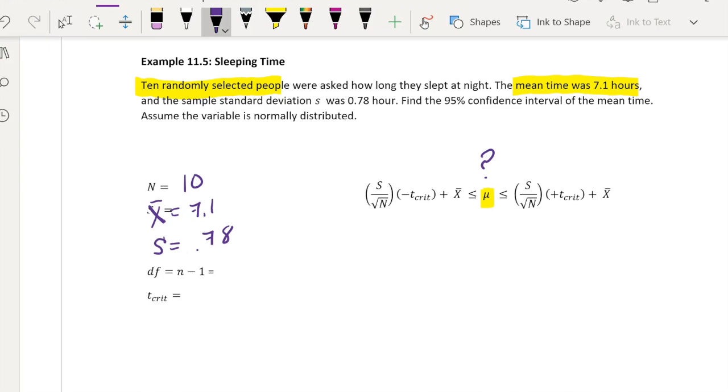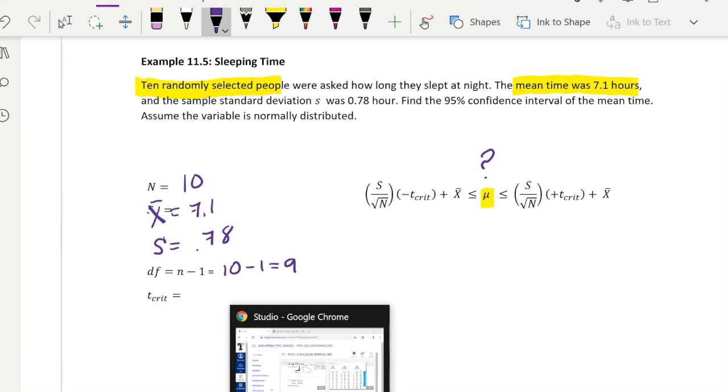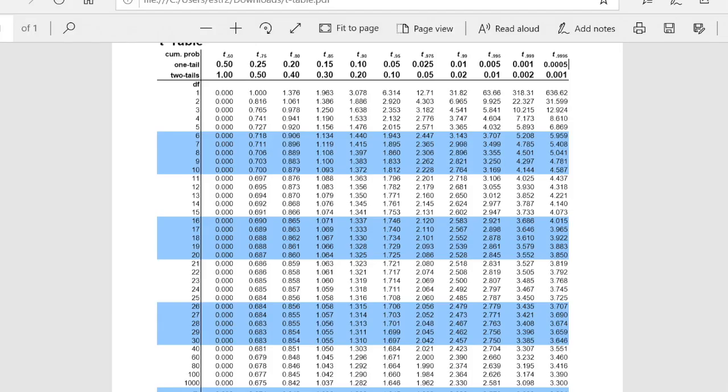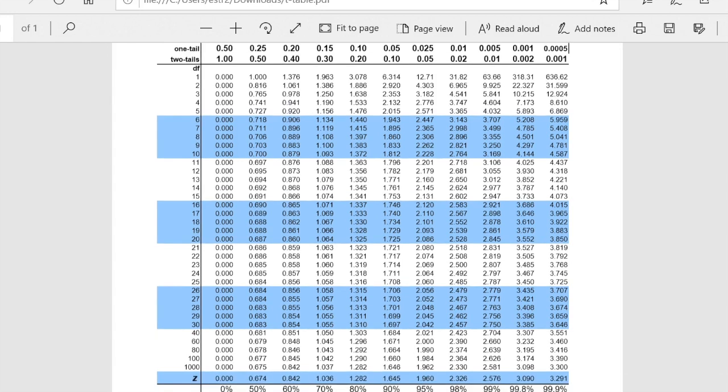My degrees of freedom are going to be 10 minus 1. That's 9. So for my t critical, I'm going to go to my fabulous table. I could not get this table to open anywhere else, so I had to use Explorer. Okay. My degrees of freedom was 9, I believe.